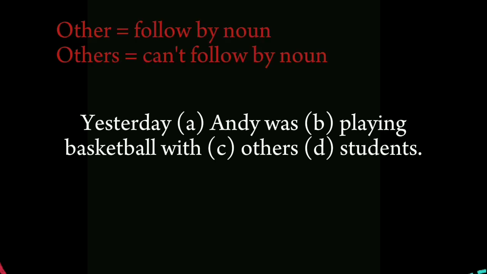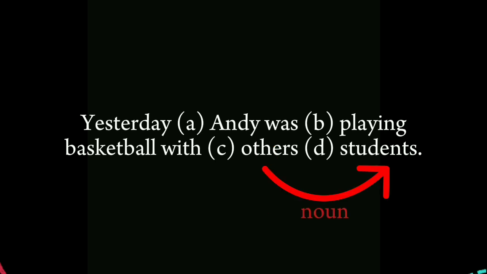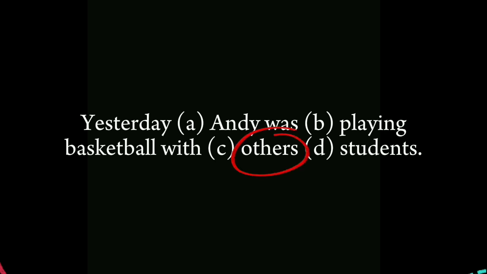Other functions as a determiner, which must be followed by a noun, while others functions like a reference and cannot be followed by a noun. So the use of the word others in the sentence above is not correct because it should be written as other and function as a determiner that explains the noun students. The most appropriate answer to the question above is part D, others.